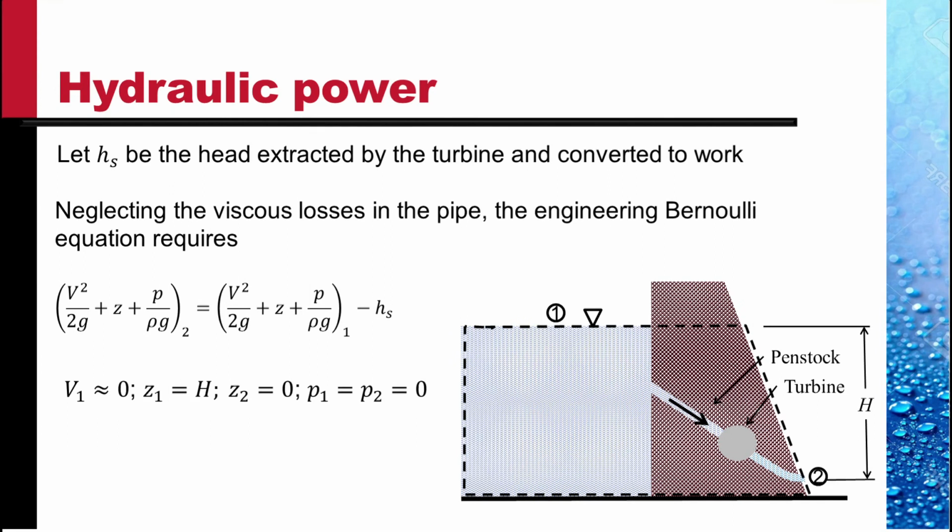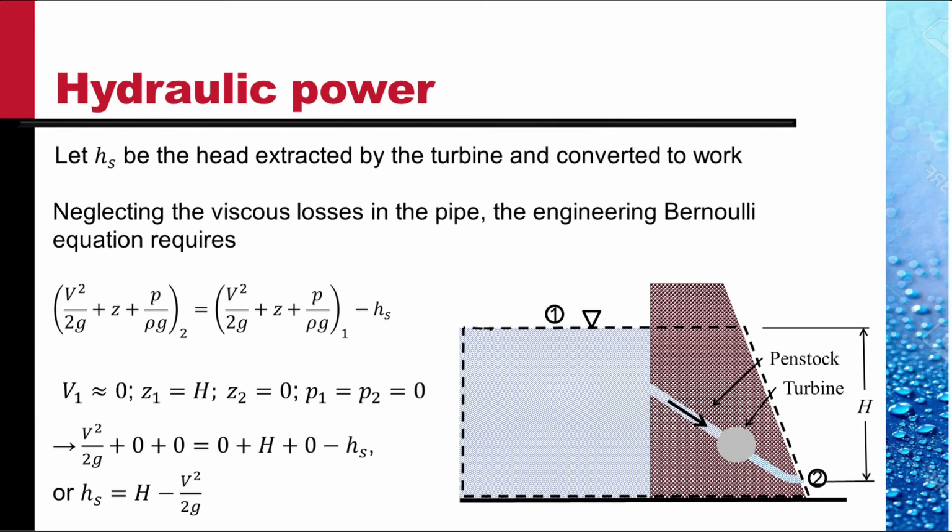Let the velocity at point 2 be V. So the first term V²/2g at the exit is V²/2g. Z is 0, pressure is 0, that equals velocity 0 at point 1, the elevation capital H at point 1, the pressure is 0 at point 1 minus Hs, the head extracted.